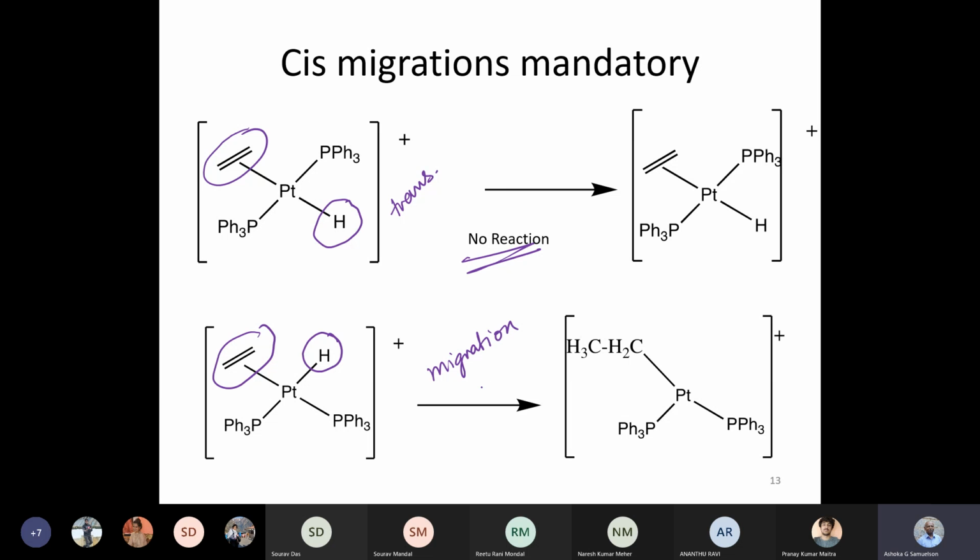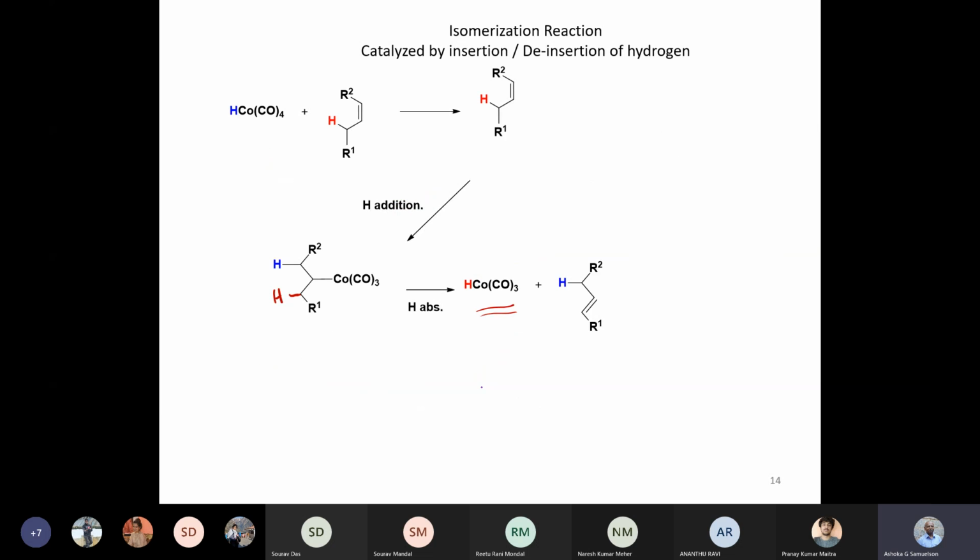Then it gives you an alkyl complex because the hydrogen is now migrated to the carbon of the olefin, which now becomes the beta carbon of the alkyl system. Okay, so cis migration seems to be important, and the other principles which I told you regarding the migration of a 1 electron species to a 2 electron donor, that also happens.